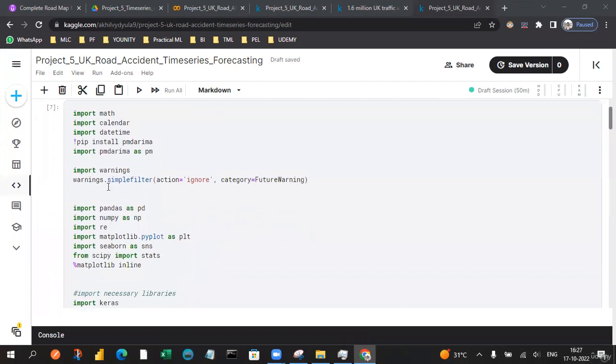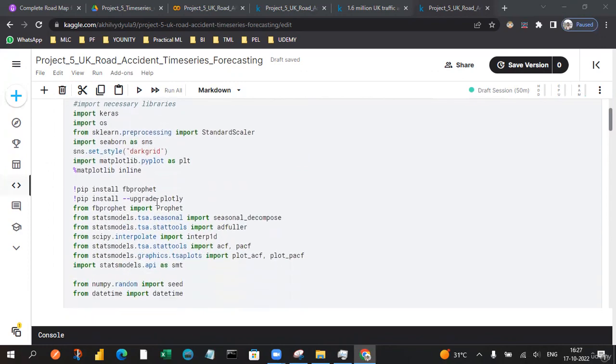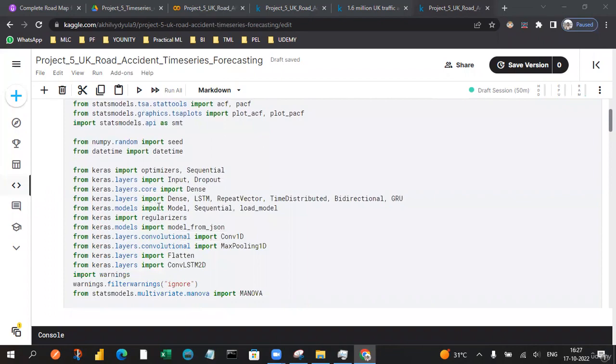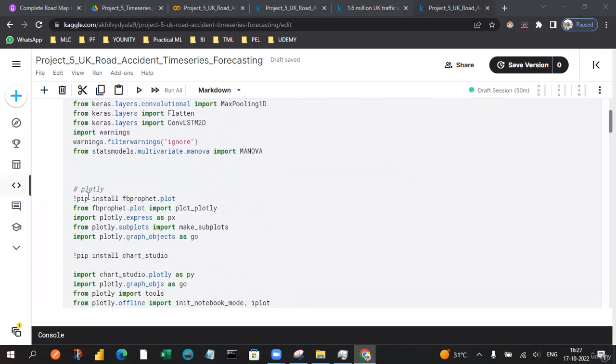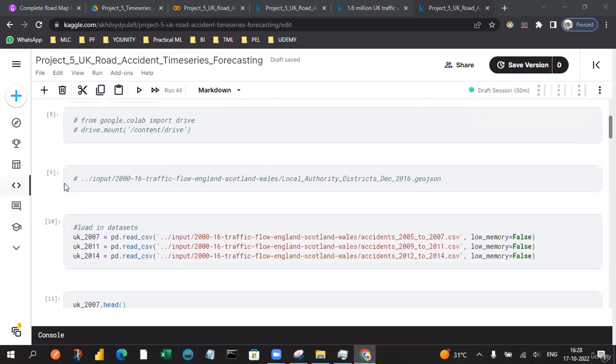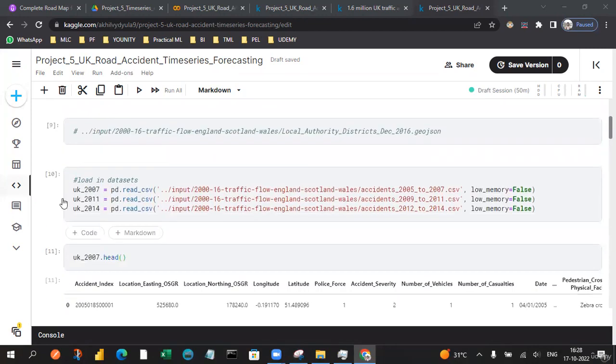Let's also import a couple of libraries useful to plot and for the deep learning models, with Keras and TensorFlow.